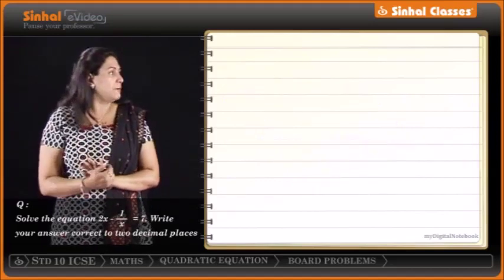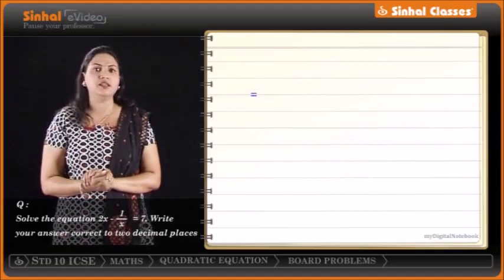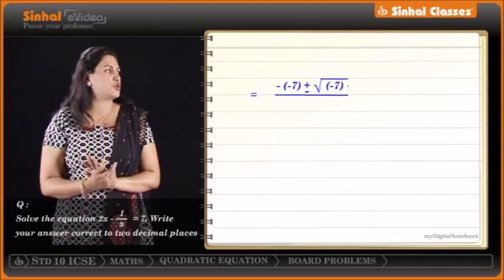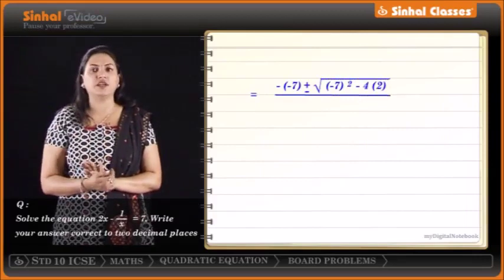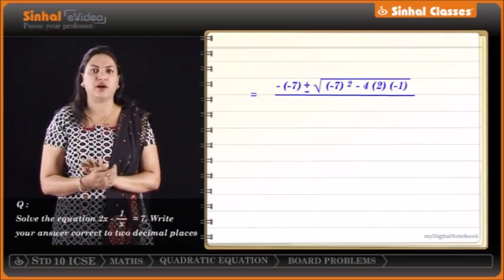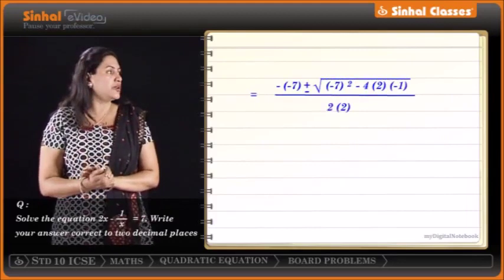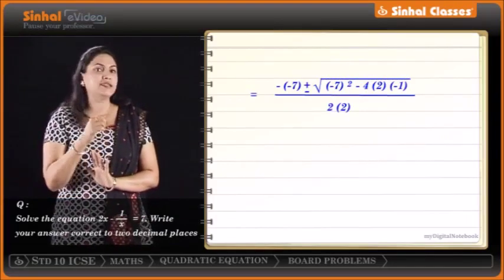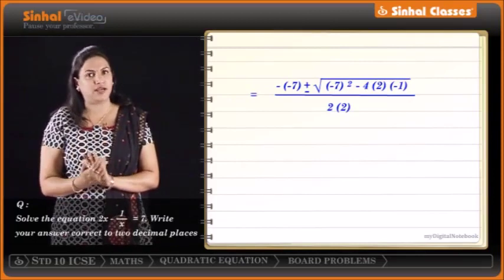We get minus of minus 7 plus or minus root minus 7 square minus 4 into 2 into minus 1 upon 2 into 2. On simplification we get minus of minus 7 gives us plus 7.